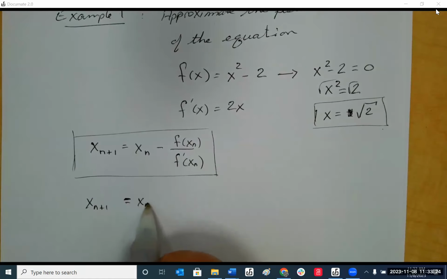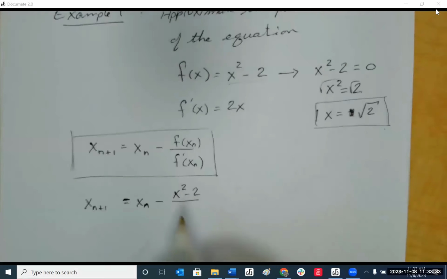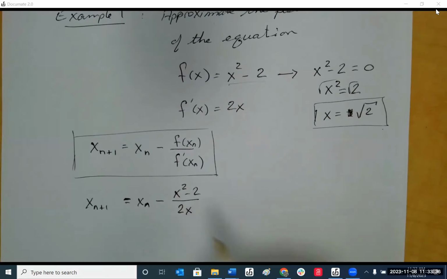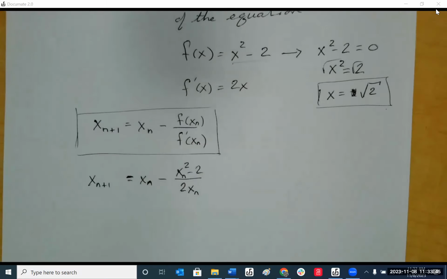So we have x sub n. f of x sub n is x squared minus 2, over 2x. Well, these are all x sub n's. Let's simplify this equation.